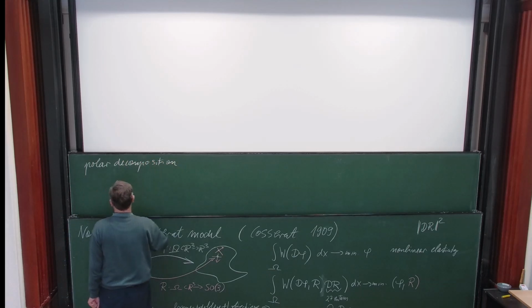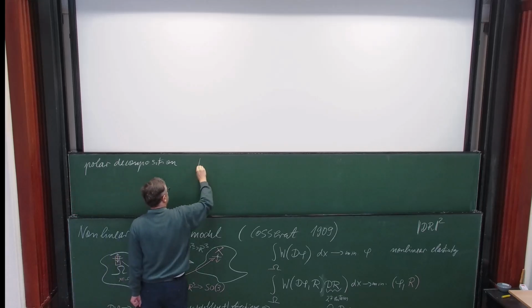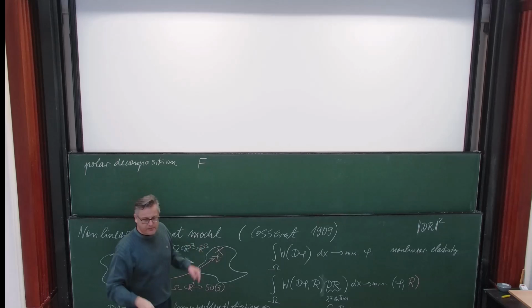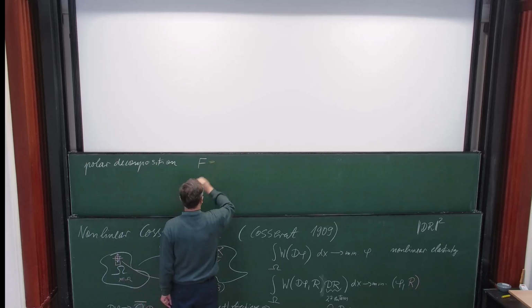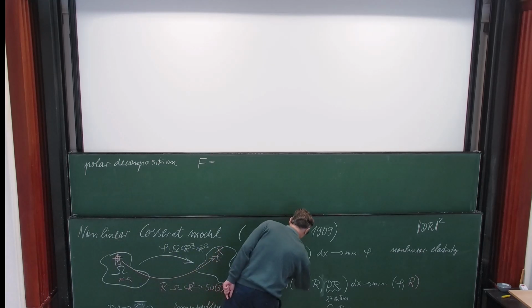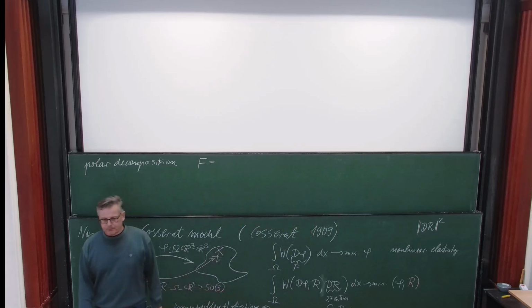That is, if you have an invertible 3 by 3 or n by n, but in my case everything is 3 by 3, matrix F, and the F is always taking the role of the d phi. I will not write anymore the d phi, it's F, capital F.